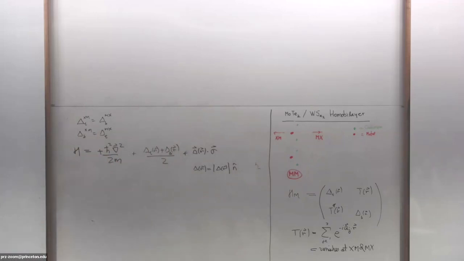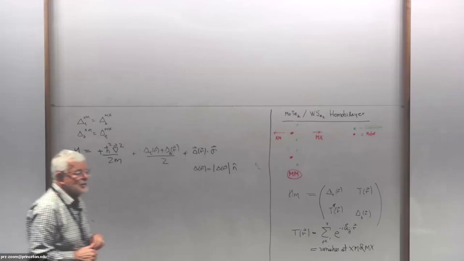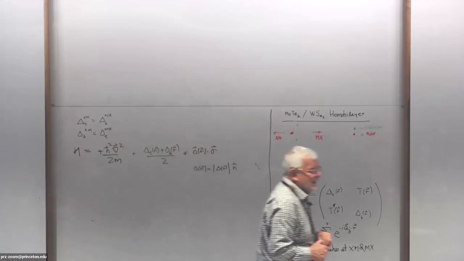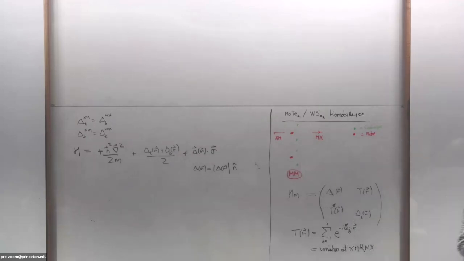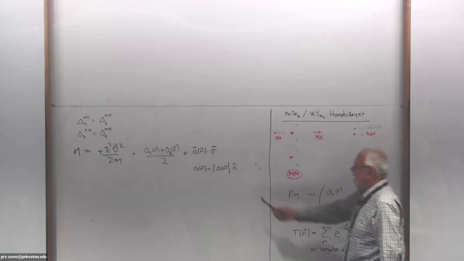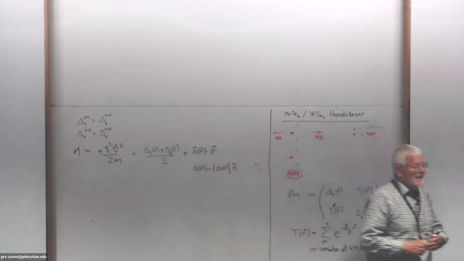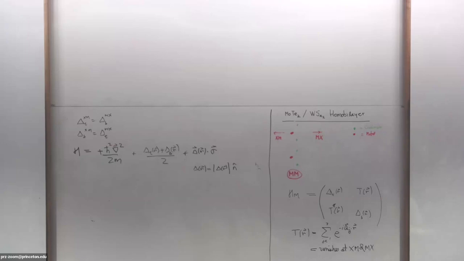What I've suggested to you, and which you can confirm, is that the direction n of this effective magnetic field that acts on the layer pseudospin, in each unit cell, points to the north pole, points to the south pole, and it turns out it covers the entire sphere once.